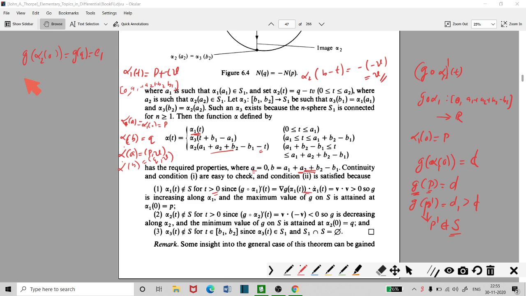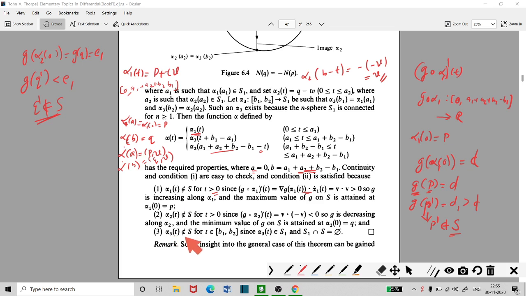This is the minimum value. Now if you take any point Q prime with G of Q prime less than E1, this Q prime does not belong to S, because Q is the point of minimum. But G composition alpha 2 is decreasing, so no point on alpha 2 lies on the surface S.